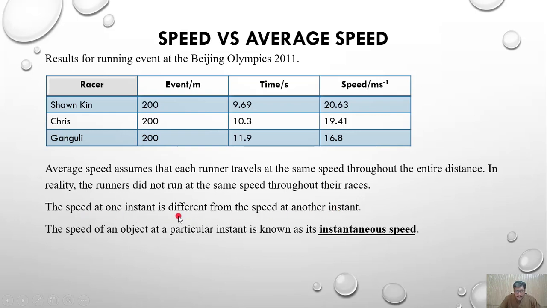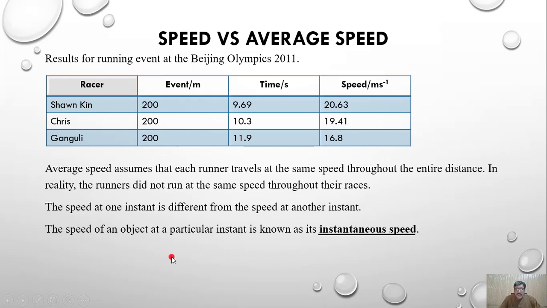Here is one more piece of information that is related to instantaneous speed. The speed at one instant is different from the speed at another instant. So that speed which is at one instant is known as instantaneous speed. If you see here, the speed of an object at a particular instant is known as instantaneous speed.